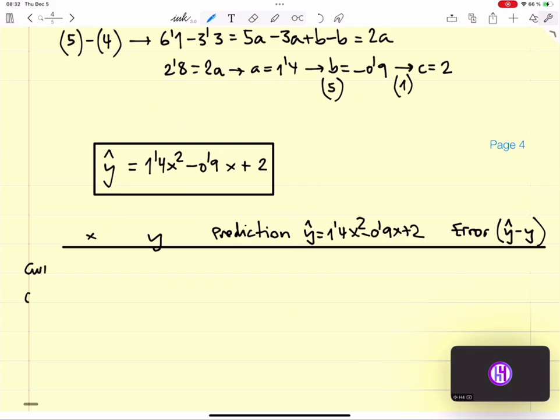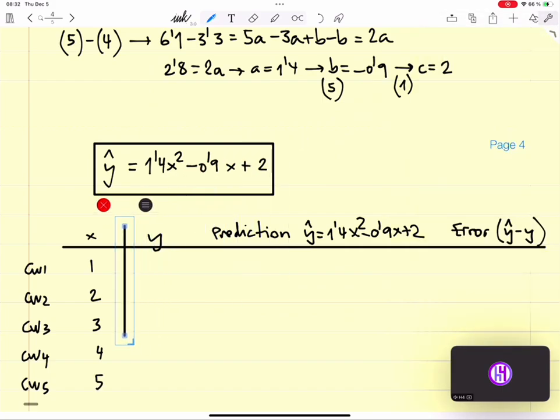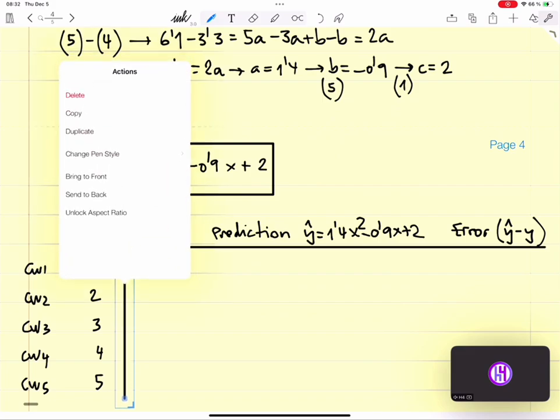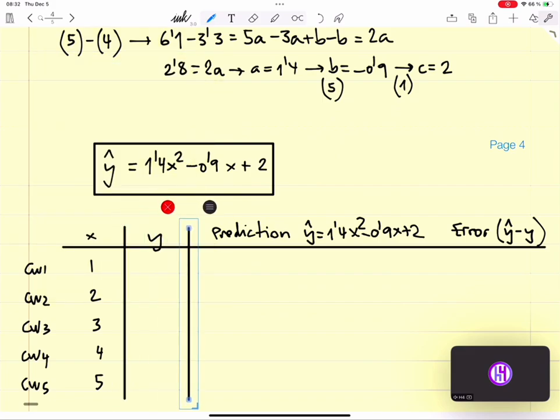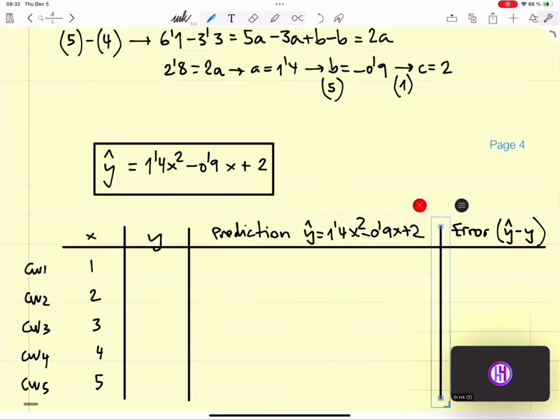So calendar week 1, 2, 3, 4, 5, 1, 2, 3, 4, 5. And then I'm just copying the data from above. 2.5, 5.8.